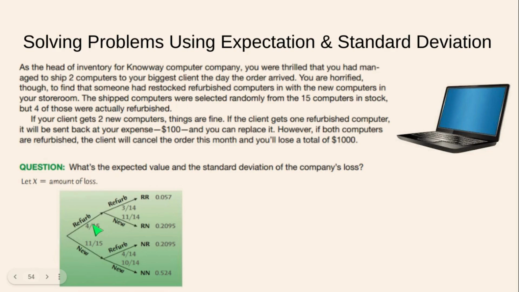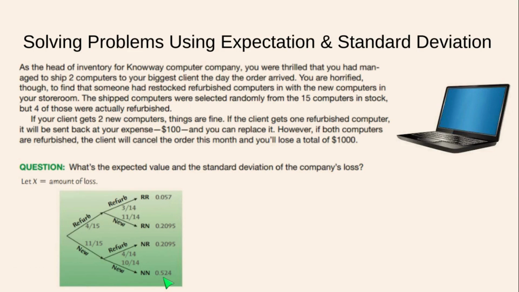And each of those would be 4 out of 15 times 11 out of 14, in any order you'd like, which would be a probability of 20.95%. Then the most likely event by far is 2 new laptops, and we save face, and that's going to happen a little over half of the time.